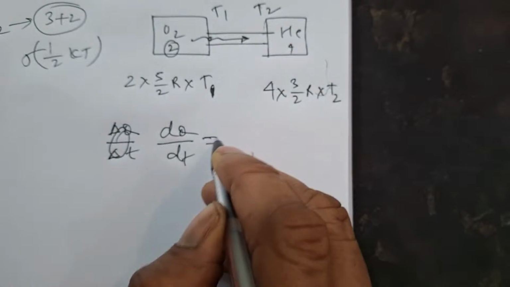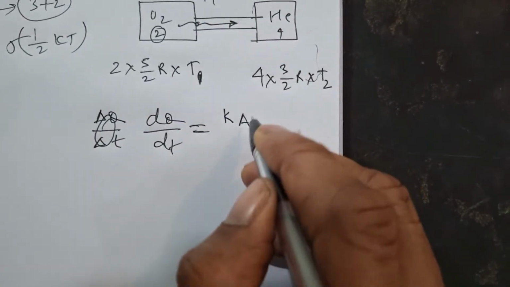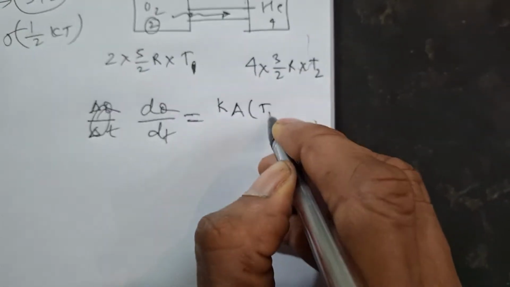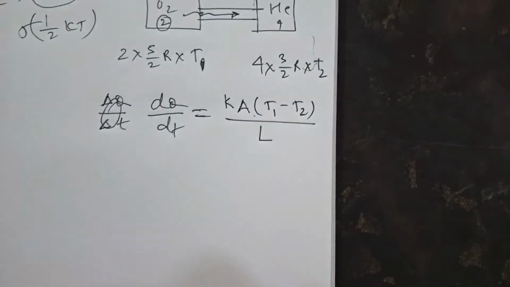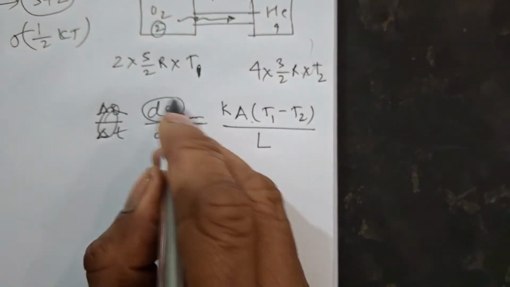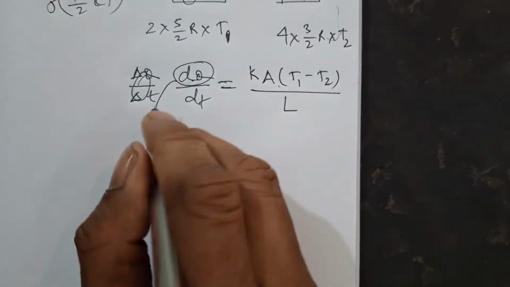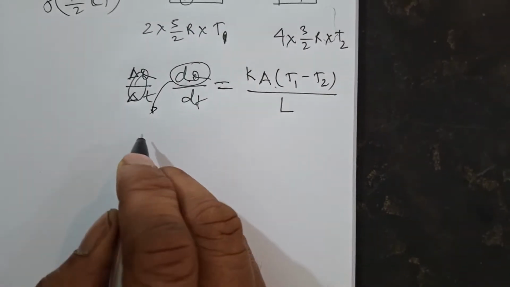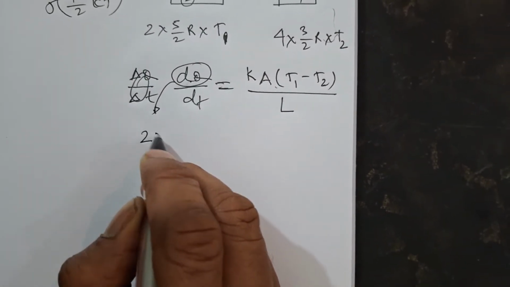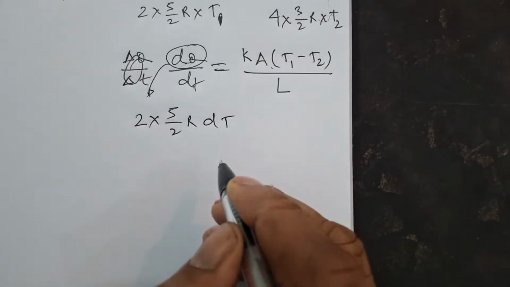The dQ by dt, you know the formula. dQ by dt is K, thermal conductivity, into area of rod into temperature difference, T1 minus T2, both variable, divided by rod length. See once, and dQ, who is losing heat? Oxygen is losing heat. So please write here n of oxygen, n CV dT.